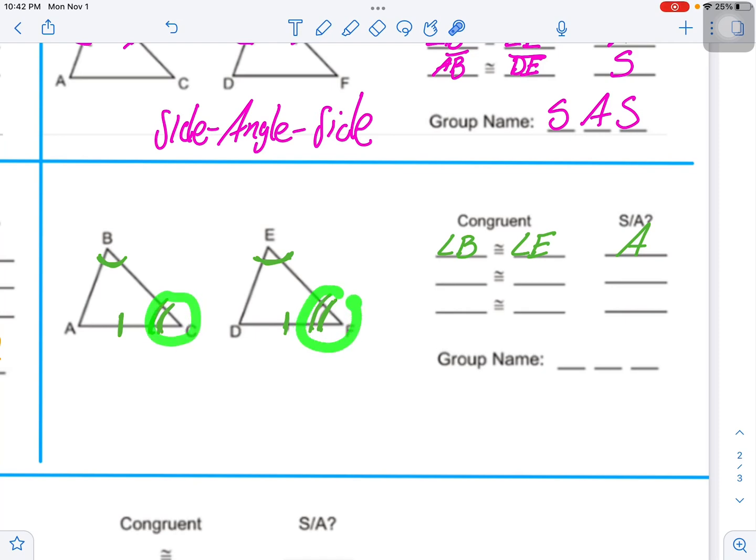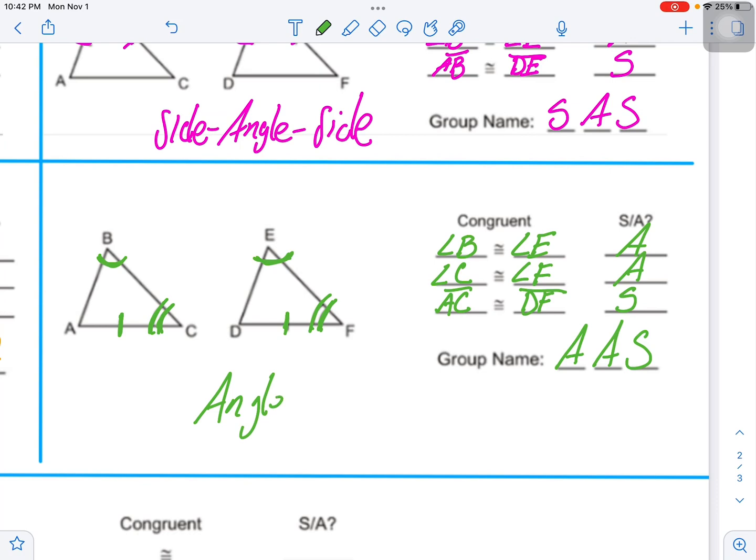Next we have angle C is congruent to angle F, so that's also an angle. Finally, we have AC is congruent to DF, and that's a side. So that's angle, angle, side.